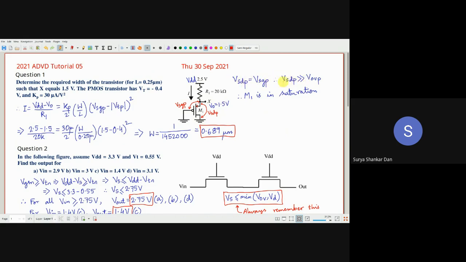Therefore, VSDP is much larger than VOVP. What is VOVP? Everybody knows? Correct. So once we have got that, we can surely understand that M1 is in saturation. Cool. We have understood that this transistor is in the saturation region.